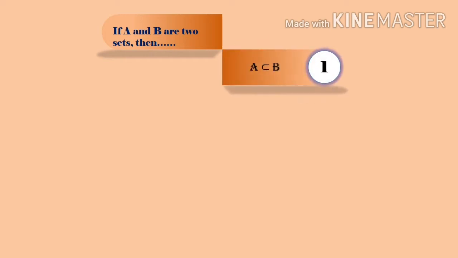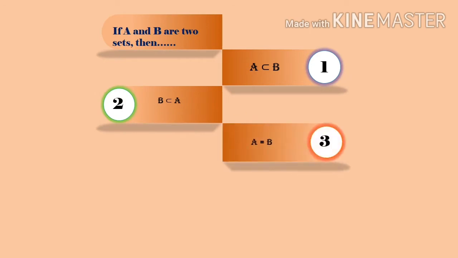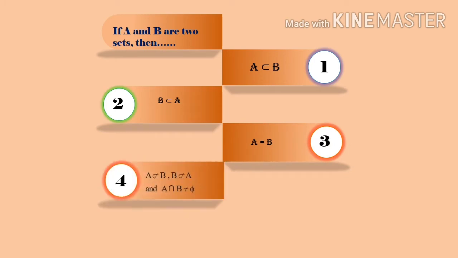Suppose we have sets A and B, then either A will be the subset of B, or B will be the subset of A, or A will be equal to B, or neither A will be the subset of B nor B will be the subset of A, and A intersection B is not equal to φ. That means there will be some elements common in both the sets.